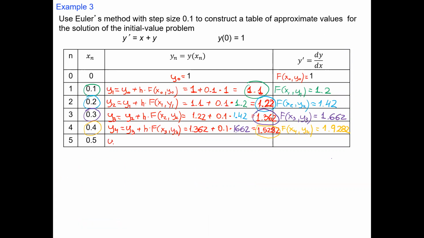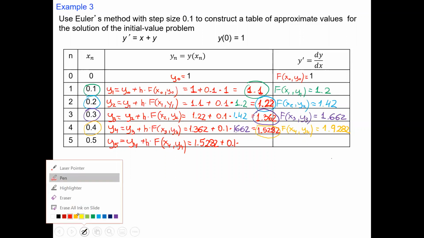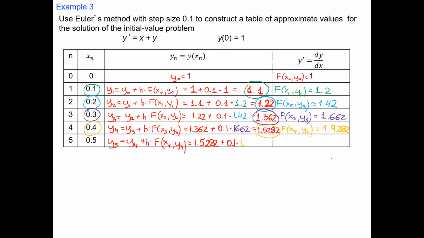still red, y sub 5 will be y sub 4, that's the value above, plus the slope affected by h, by the step size. And this will be at x4, y4. I need this value 1.5282 plus 0.1 times the yellow or golden 1.9282.